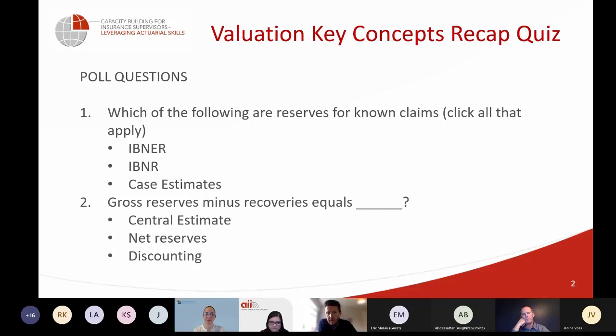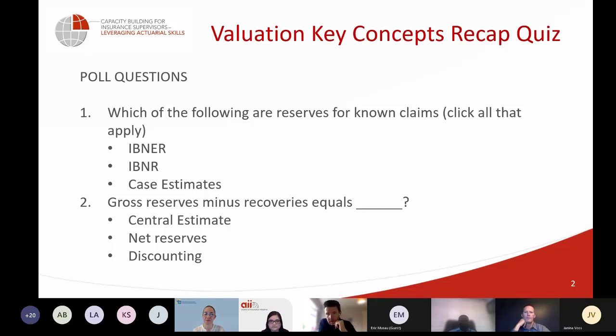So it's basically where you have a case estimate, but usually case estimates are not enough to cover the claims because of development, because they're put on at a very early stage. So IBNER is meant to cover development of those case estimates. So for example, if you have a case estimate of 100, but really ends up costing 120, so the IBNER is that extra bit, that 20.